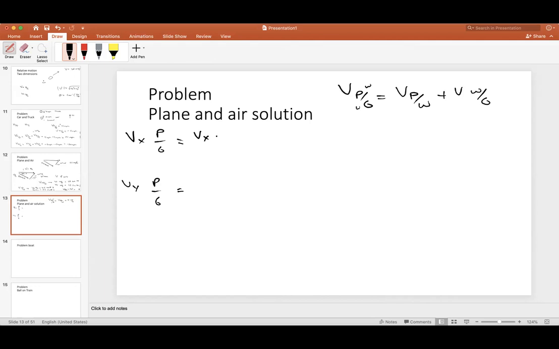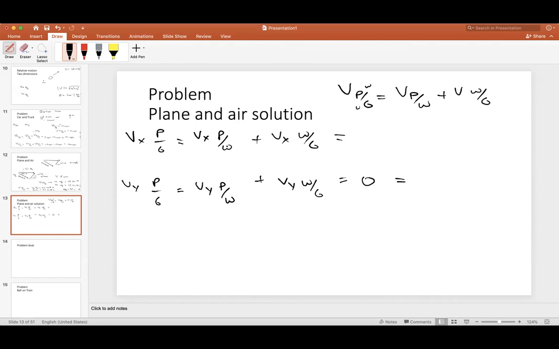So this is Vx of the plane versus the wind, Vy, plane versus wind, in the frame of reference where the wind is at rest, plus Vx of the wind, Vy of the wind in the reference frame where the ground is at rest. And we know that this vector has no y component. That's the key to this whole thing, okay? So once we solve this, we'll be all good.